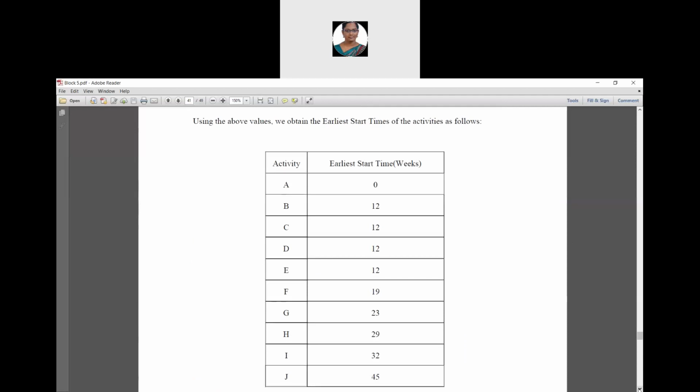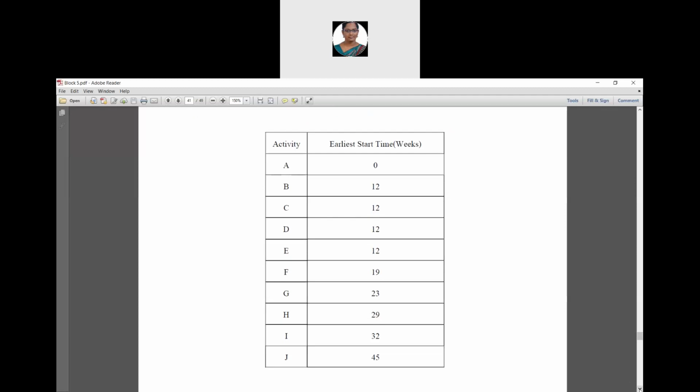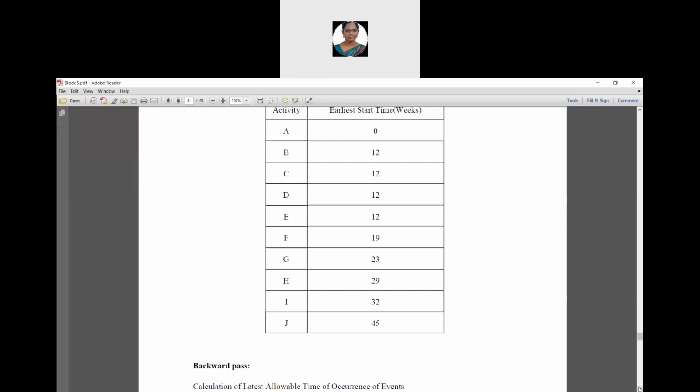This table shows the earliest start time of the activities. For activity A, earliest start value is 0. For activity B, earliest start value is 12. For B, C, D, and E, the earliest start value is 12. And for activity F, the earliest start value is 19.